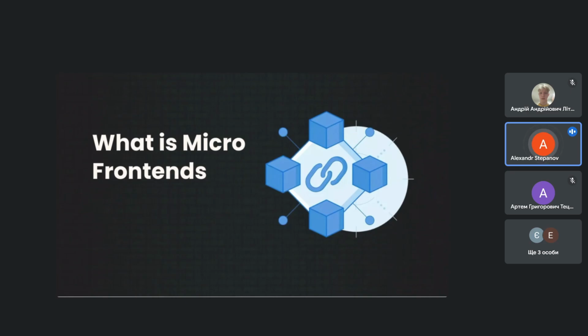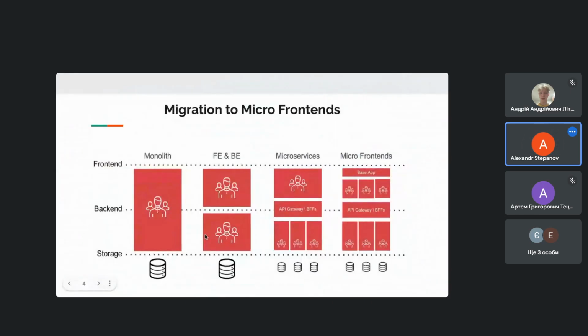By using micro front-ends, companies can create and maintain a large-scale web application with greater flexibility and speed. This approach enables better scalability, greater development efficiency, and shorter time to market. Next one.